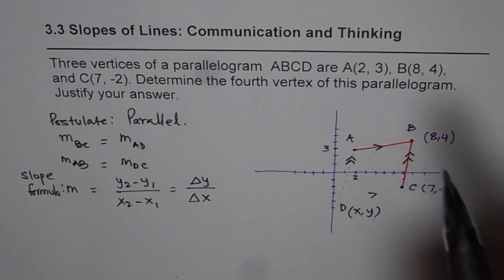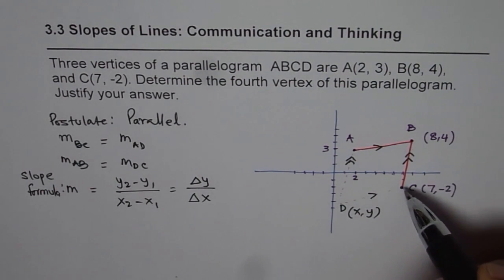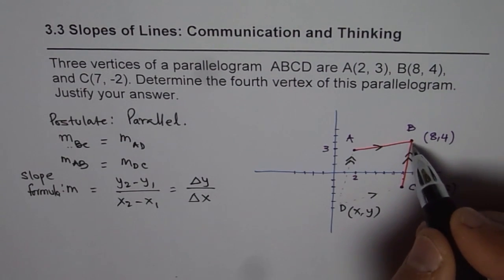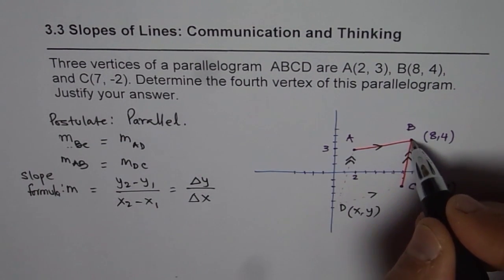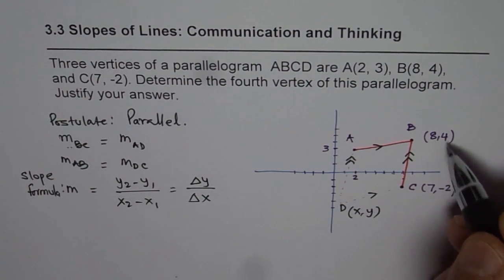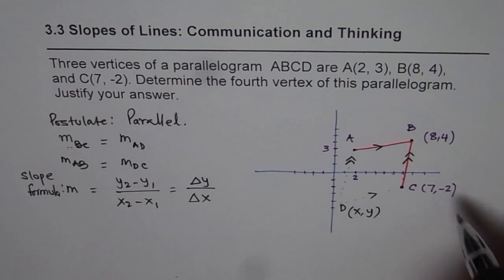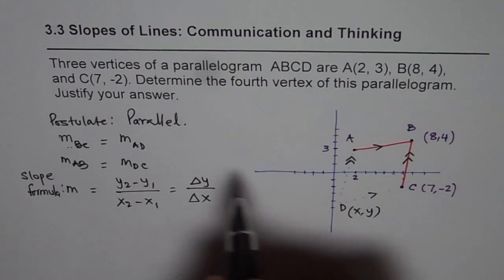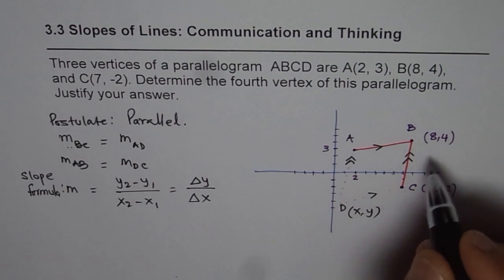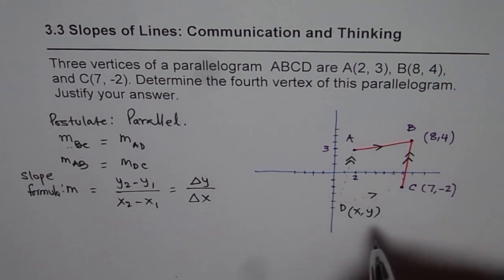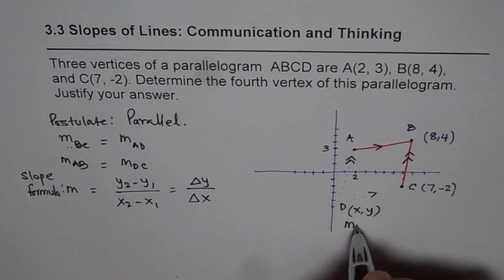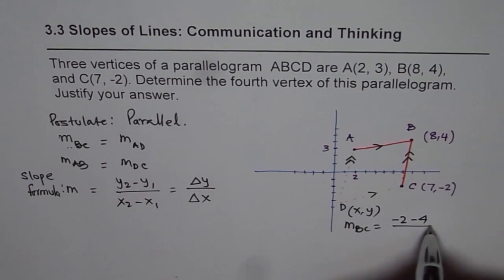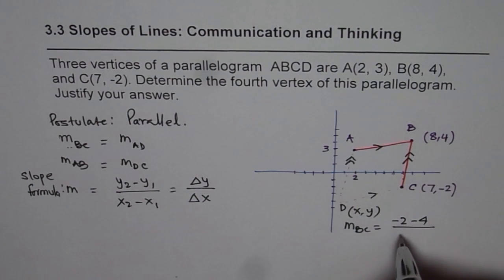So if we are moving from B to C, what is the slope of BC? We will find this first. So the slope of B to C is change in y over change in x. I should take these points as (x2, y2) and these as (x1, y1). So the slope of BC is change in y, which is -2 minus 4, divided by change in x, 7 minus 8.